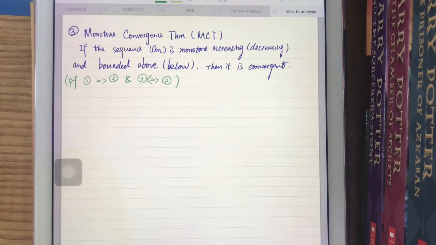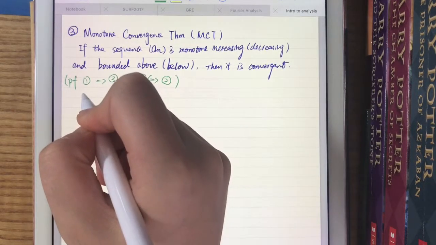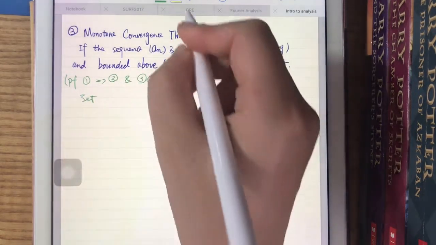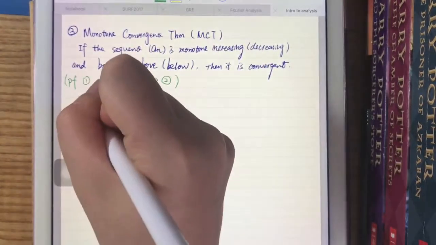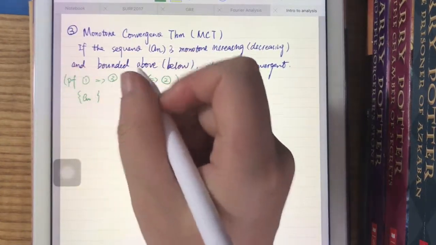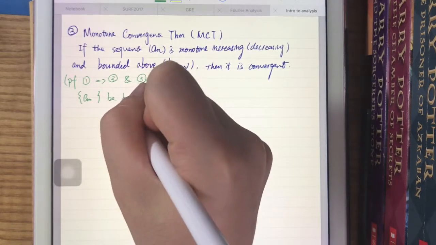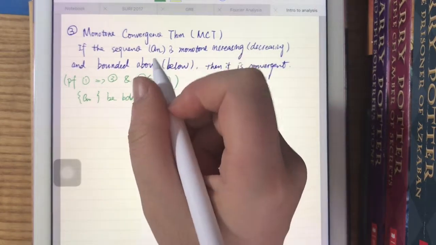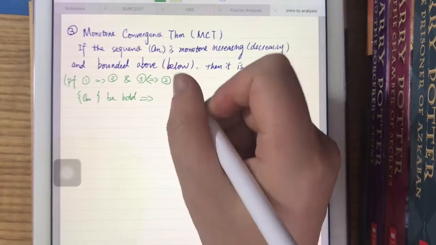Okay, say we have a set An. Let An be bounded. Then it has a least upper bound, right?